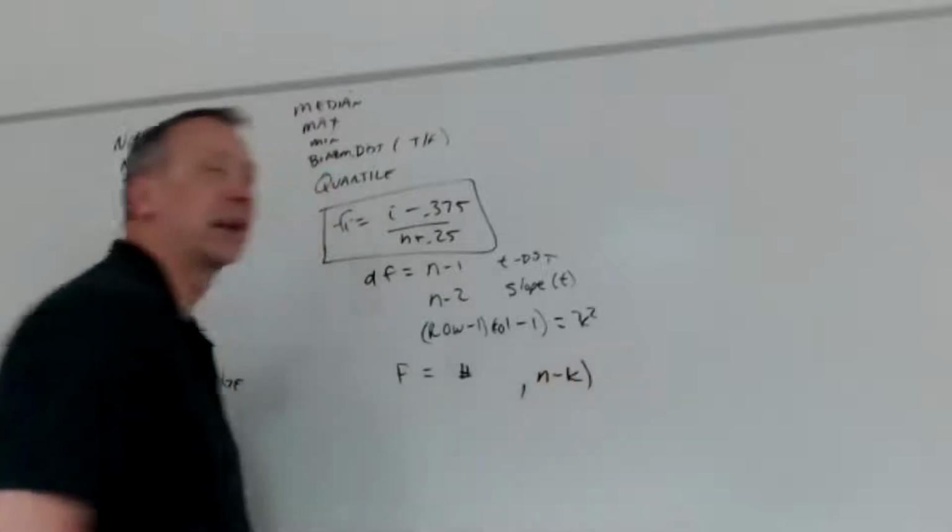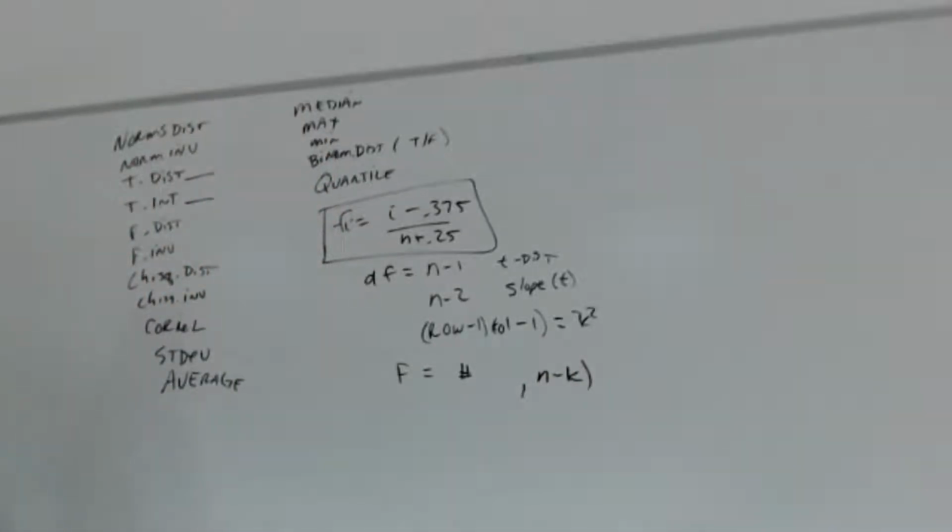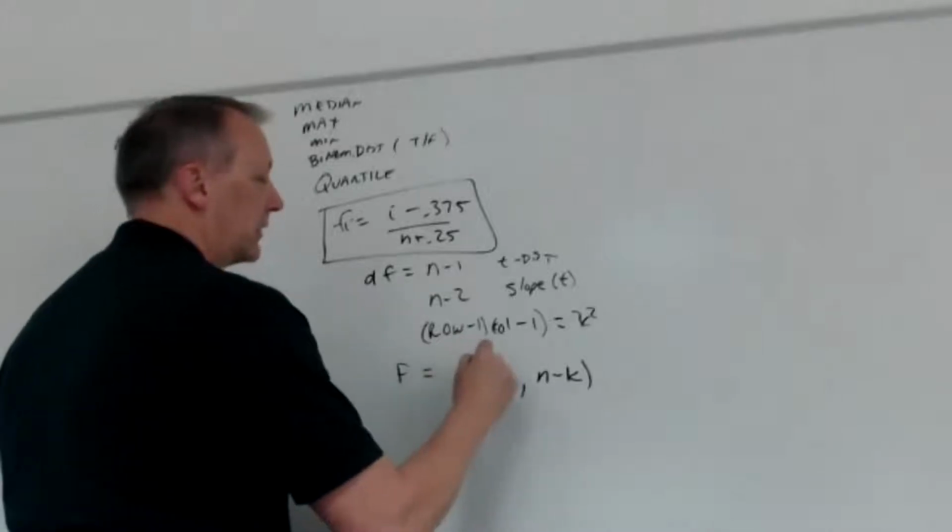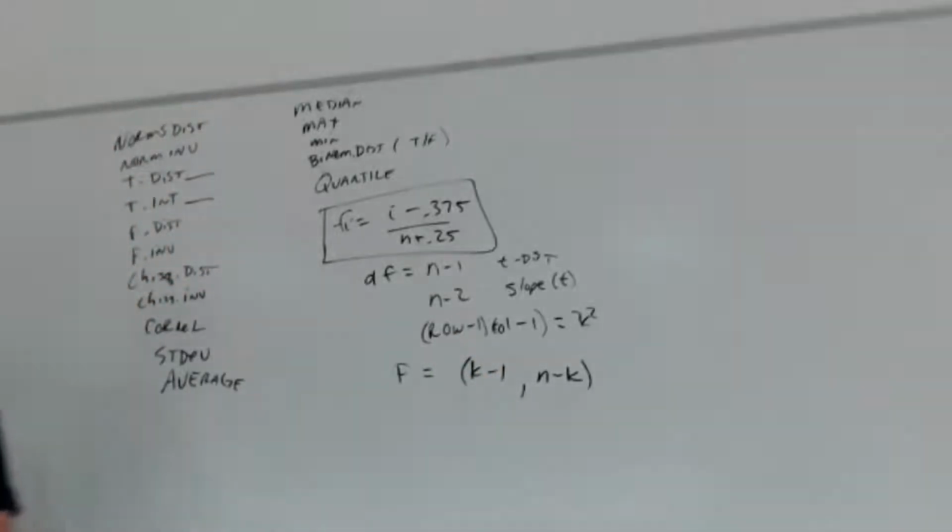It's k minus 1 and n minus k. Pretty sure that's right, where k is your number of samples. The k minus 1 is the numerator and the n minus k is the denominator, right? Yeah, k minus 1 is the numerator, n minus k is the denominator.